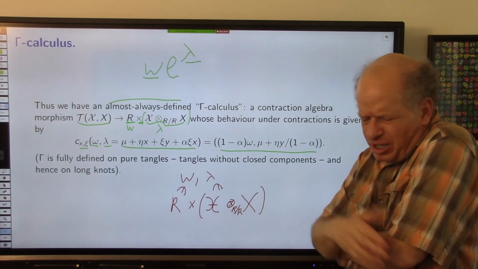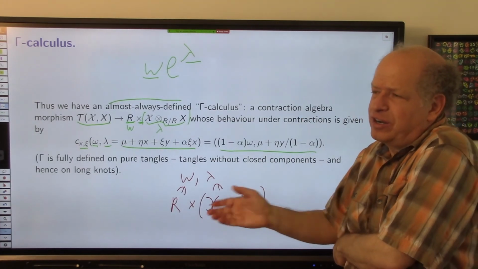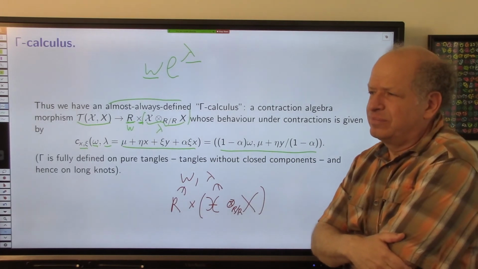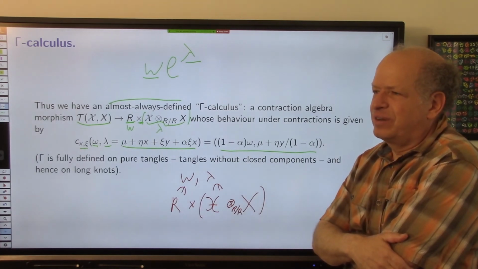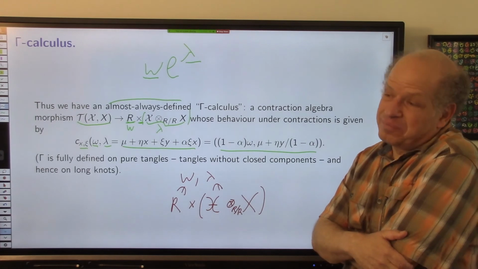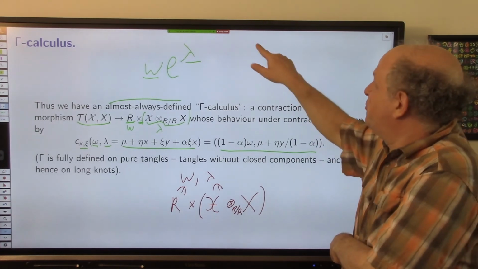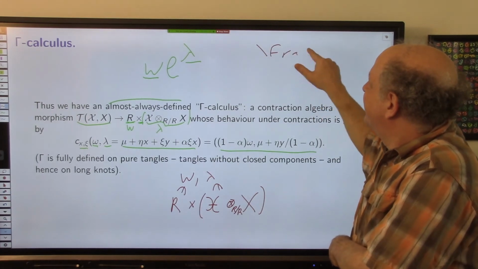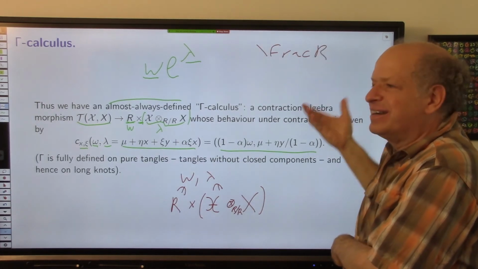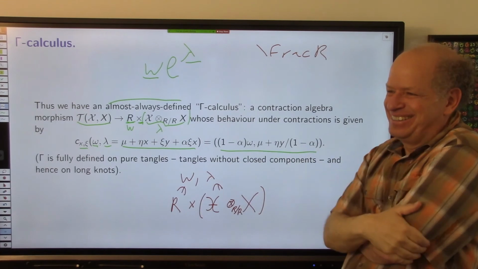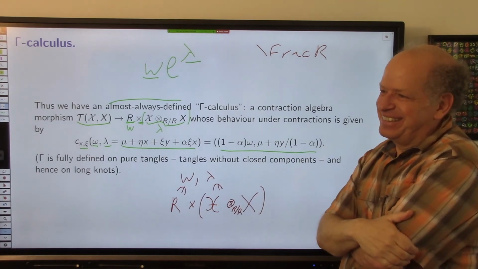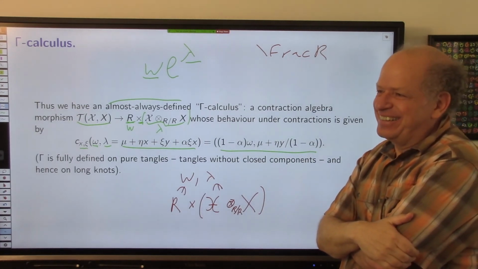There must be, but I don't remember what it is. So I wrote R divided by R. Jesse suggested Frac R, so I would also use that, I think. Well, never mind, it's just notation. I think if you do Frac R, you get something else. With the slash, I would say. Yeah. With the slash. Yeah, okay.